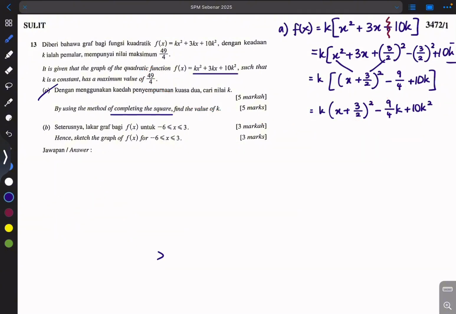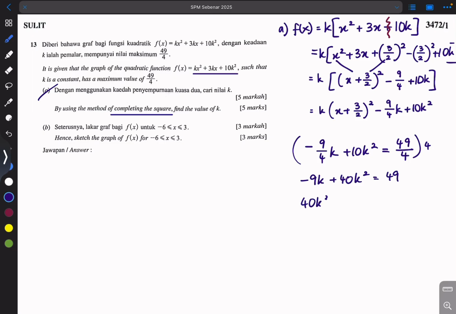So we say negative 9 over 4 k plus 10k square equals 49 over 4. Now we solve this. The whole thing we can times 4 to get rid of the fractions. So negative 9k plus 40k square equals 49.